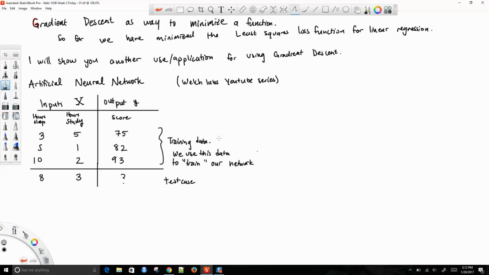So the way our neural network looks is that we're going to have 2 input nodes. This is what we call our input layer. Okay, this is our input layer. We have, because our x, there are 2 x values, okay? One of them will be hours of sleep, and then the other input will be hours of study.